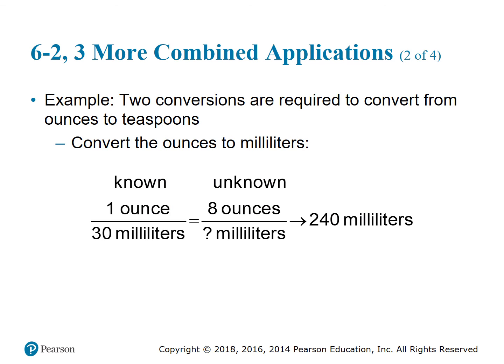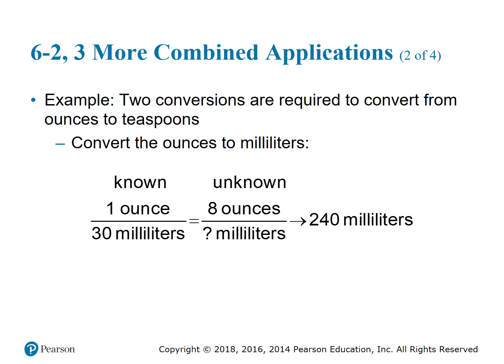Okay, so let's look at this example. Here, we're wanting to convert ounces to teaspoons. So in order to convert ounces to teaspoons, we have to first convert the ounces to milliliters. What we know is that there are 30 milliliters to 1 ounce.